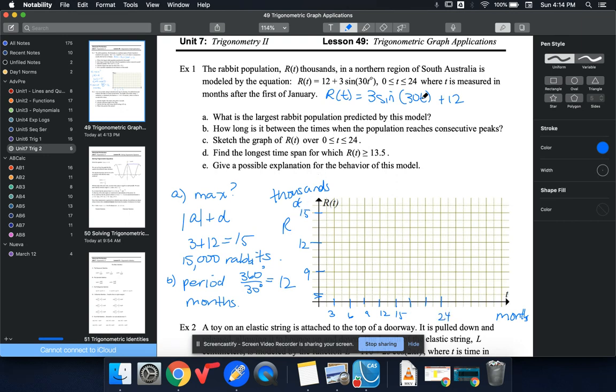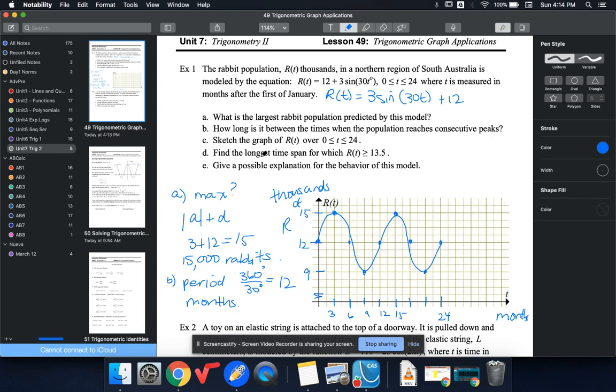It's a sine curve, and I haven't shifted. So I'm going to start at the middle. I have a positive A value, so I'm going to go up from there, back to the middle, to my minimum, back to the middle, max, middle, min, back to the middle. So here's my 2 full periods of my sine graph.